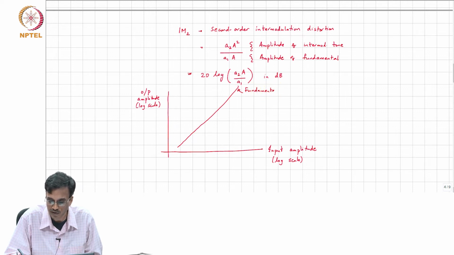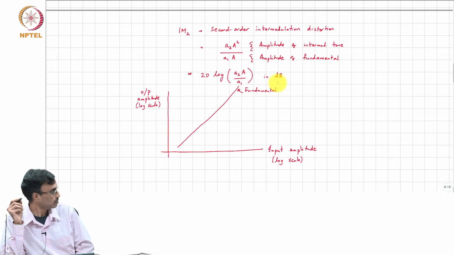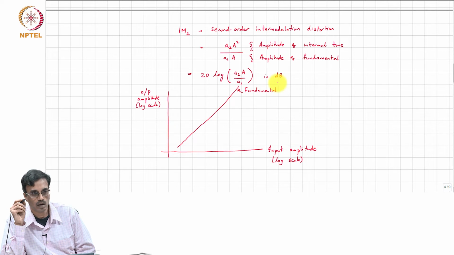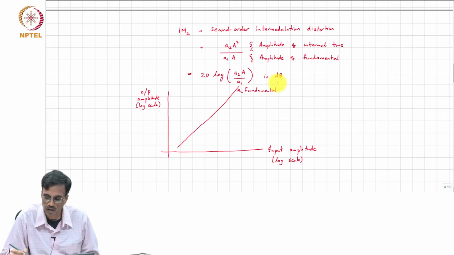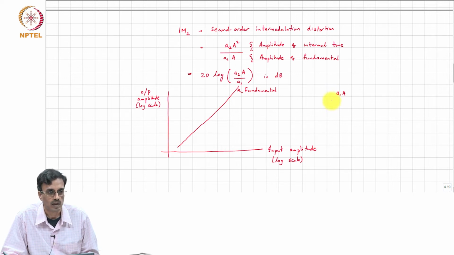it is of course linear, but what is the slope? The fundamental output amplitude is nothing but A1 times A, right. When you take the logarithm, what happens? You are plotting log A versus the output amplitude.